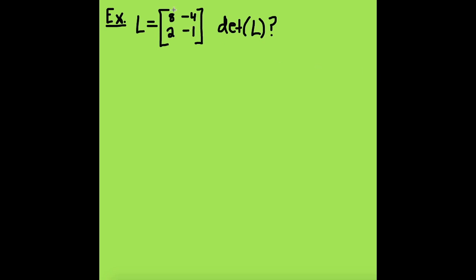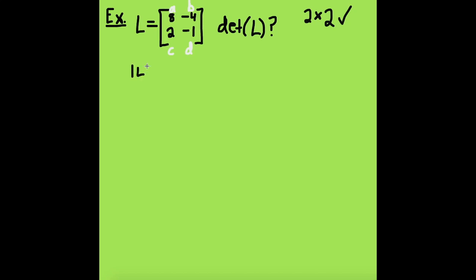Matrix L has 2 rows and 2 columns, so matrix L is a 2 by 2 matrix. So let's label what A, B, C, and D are. A equals 8, B equals negative 4, C equals 2, and D equals negative 1. Let's use the formula AD minus BC to find the determinant.